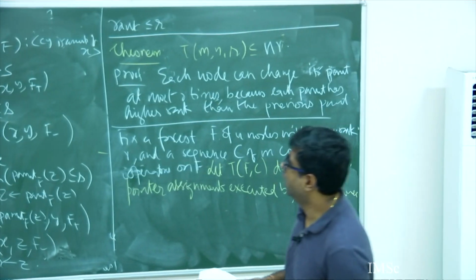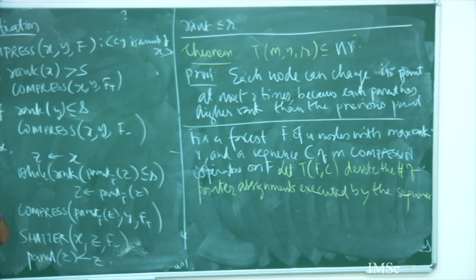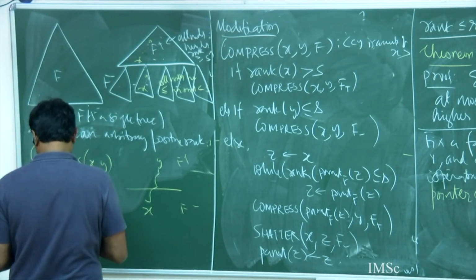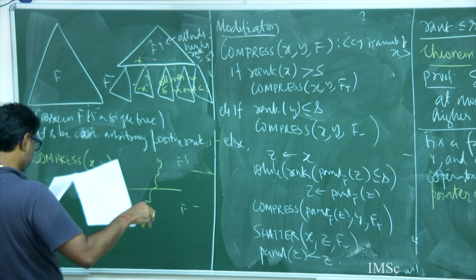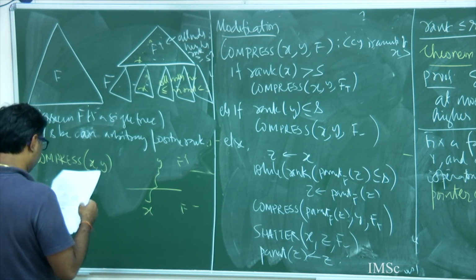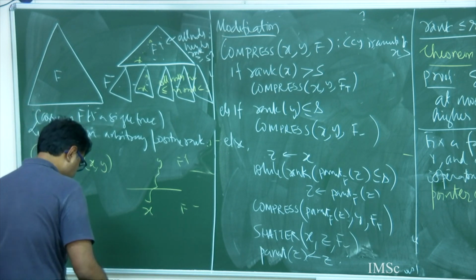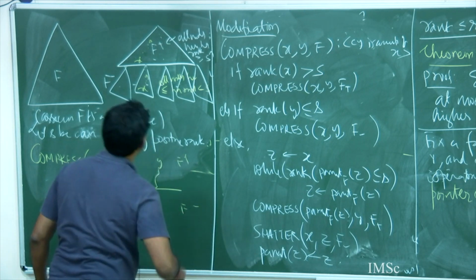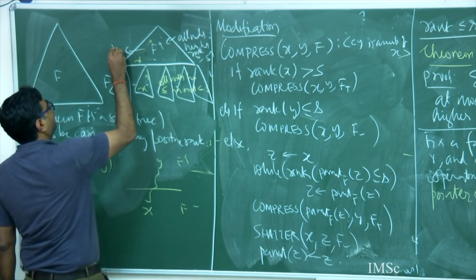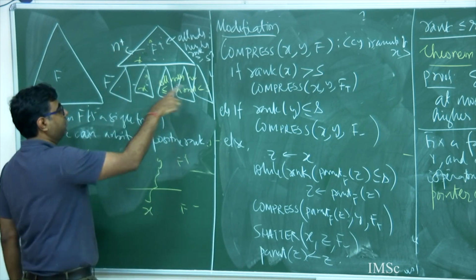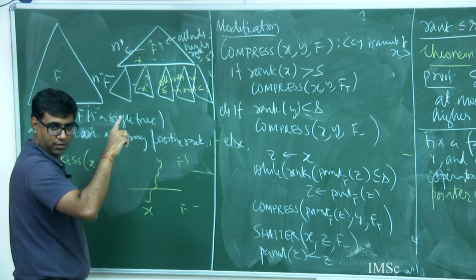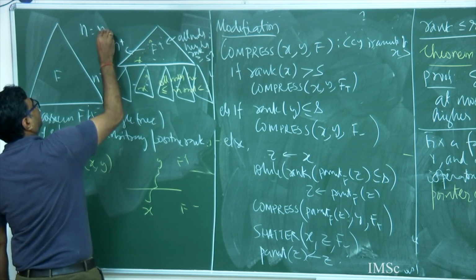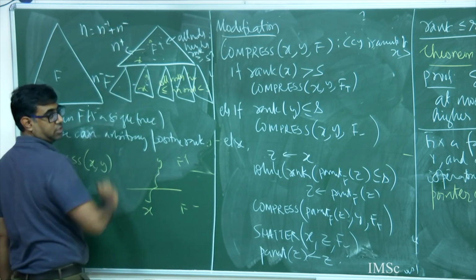Okay, so now let's do some computation. How many nodes are here? Let's say n plus. And how many nodes are here? Let's say n minus. Right? So n is equal to n plus n minus.